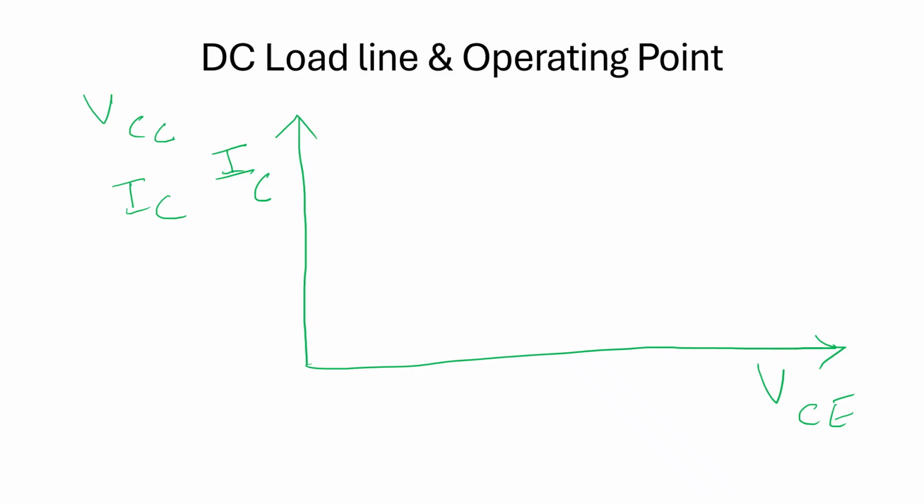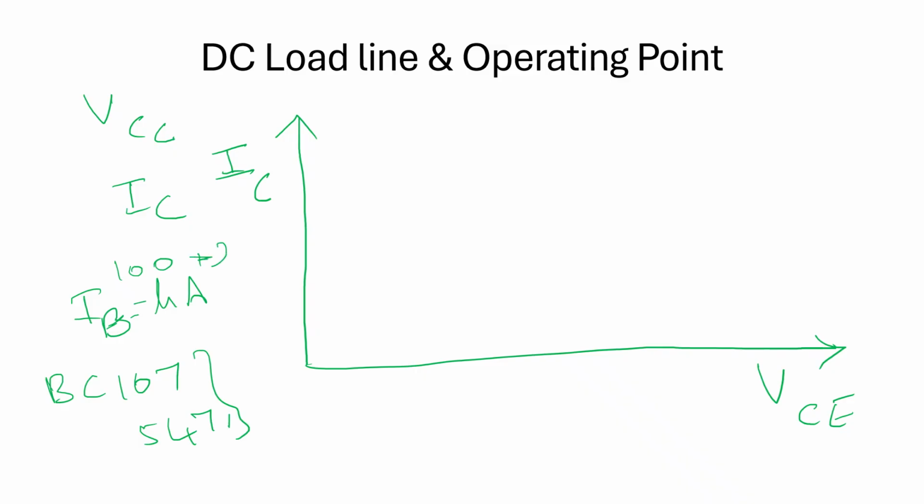So the output parameters when it is acting as an amplifier, at various points of IB, by keeping IB constant, IB will be in the range of microamperes. For example, for BC107, BC547, for such ratings, we can fix a particular value of IB from 100 microampere to a range of 250 microampere.